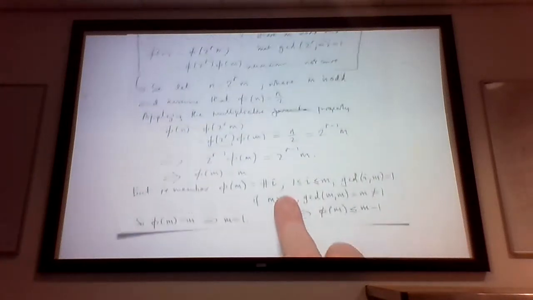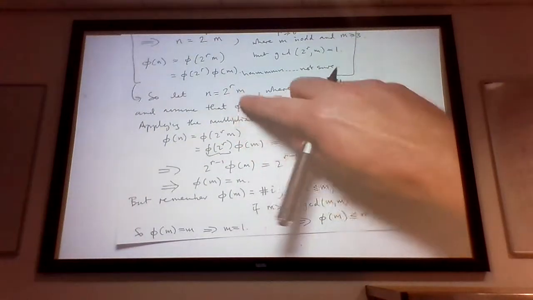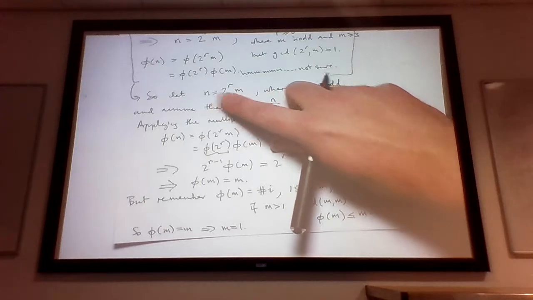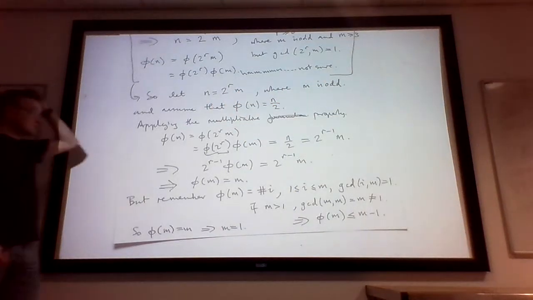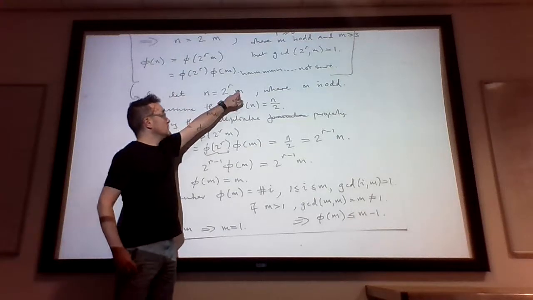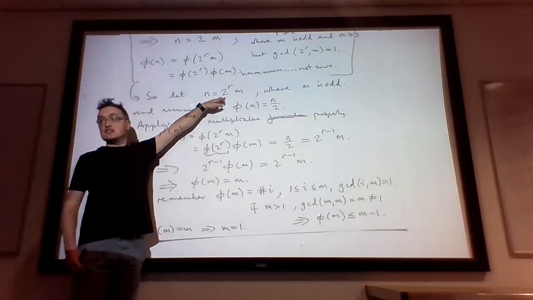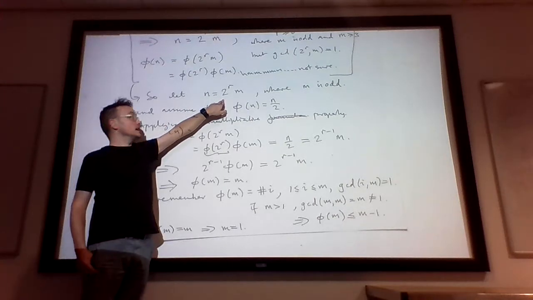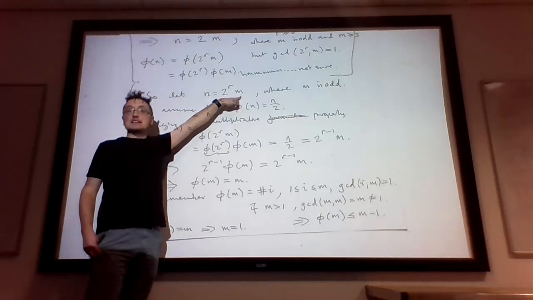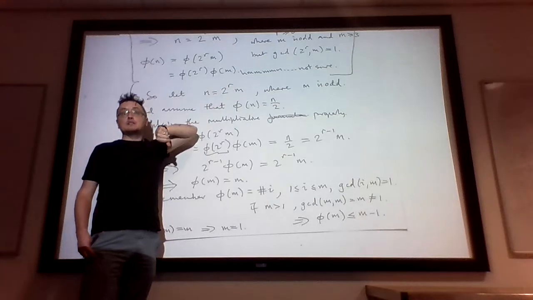Okay, m is 1. What was m? Remember, m was the rest of the stuff in n apart from the 2's. So if m is equal to 1, it means all there is in n is really a load of 2's. So n is a power of 2, because this complementary factor isn't really there. It's just the number 1.